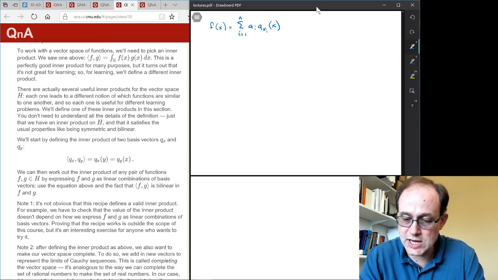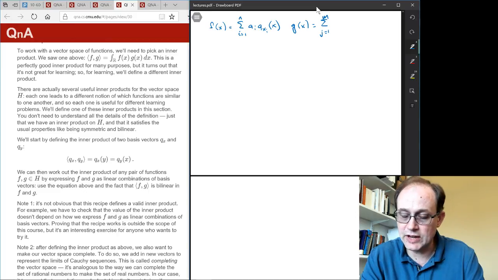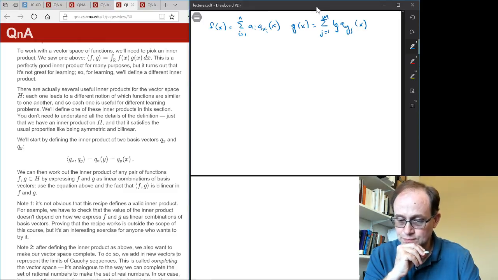Same thing with g. g of x is equal to the sum from j equals 1 to m. So m and n don't have to be the same number, right? We're having any finite length linear combination. And we'll call the coefficients here b_j, and q sub x_j, don't want notation collision, so we'll call them y_j of x, right?